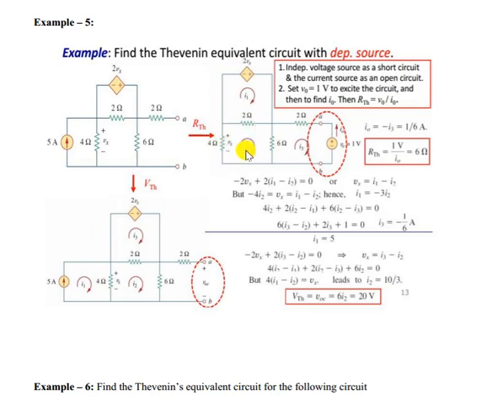So now we can write the KVL equation of mesh 1, that is minus 2Vx plus 2 into I1 plus 2 into I1 minus I2 equal to 0, or Vx equal to I1 minus I2. Next, for the second loop, what we can write, minus 4I2.